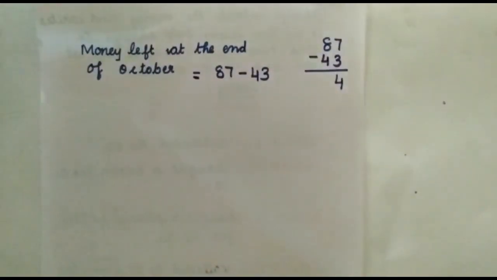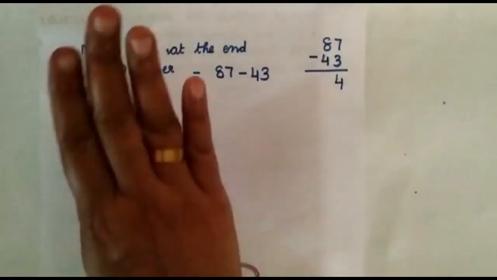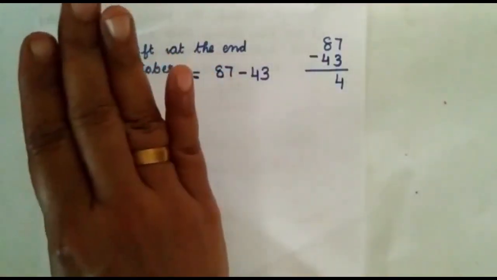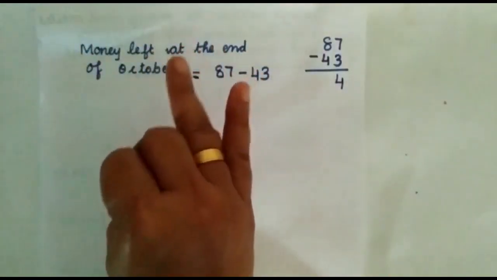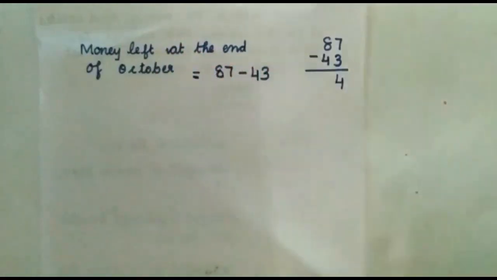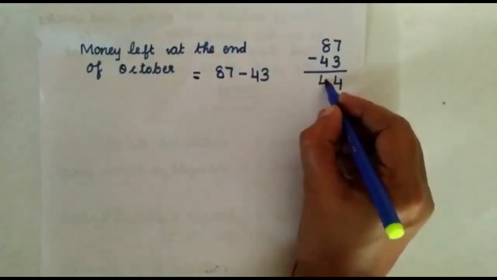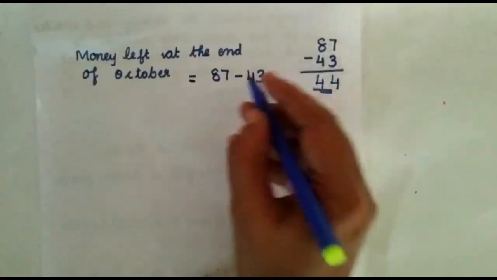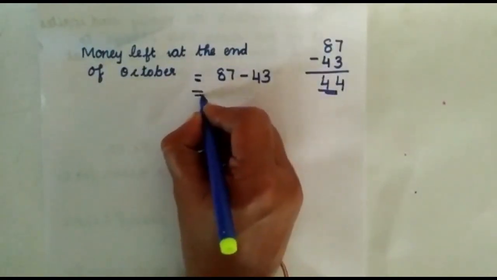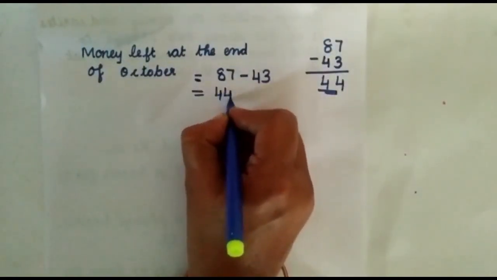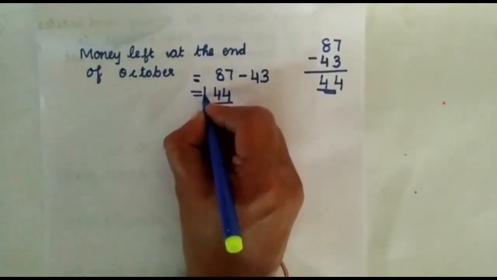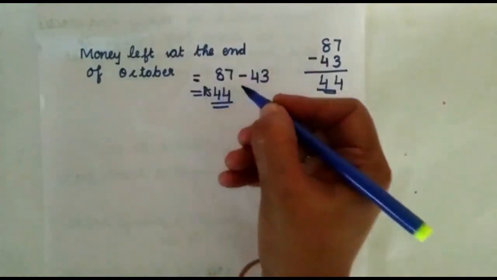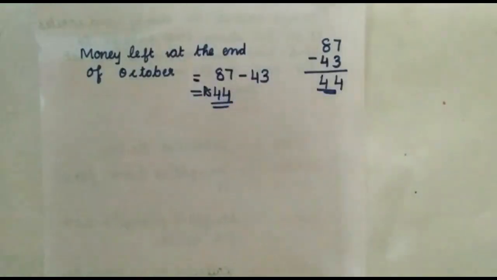Next 8 minus 4. Take 4 in your hand. 8, before that 7, 6, 5, 4. So money left at the end of October is rupees 44. Understood? Now she has only rupees 44.